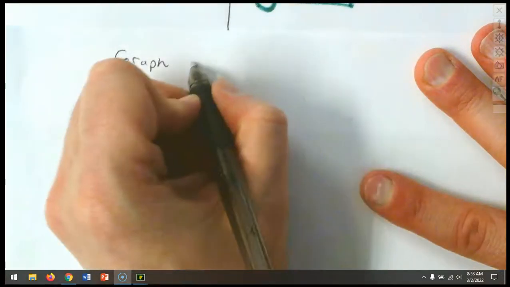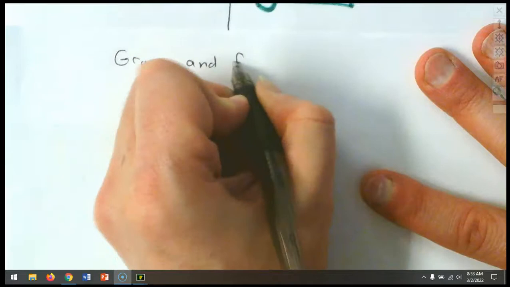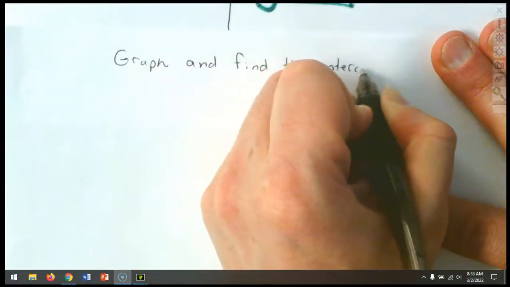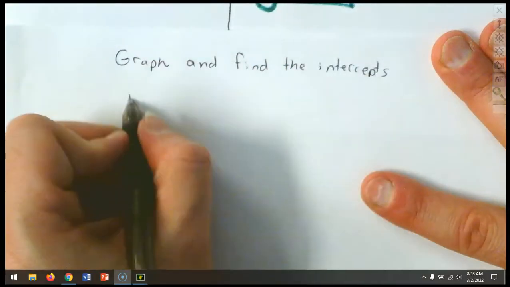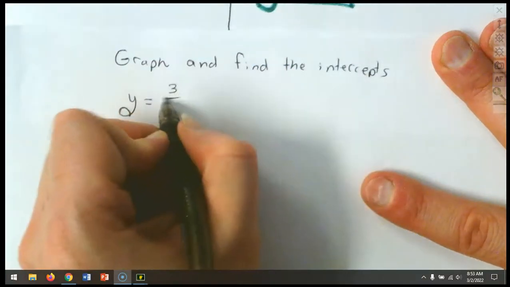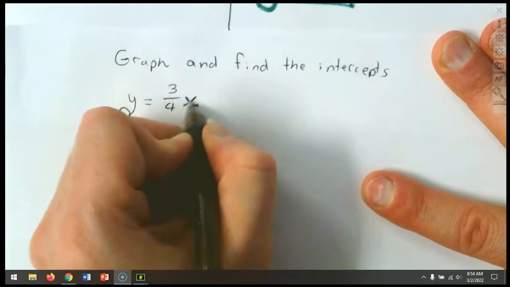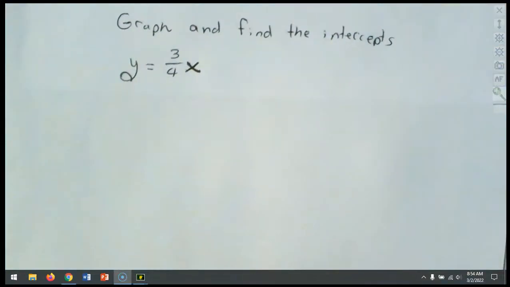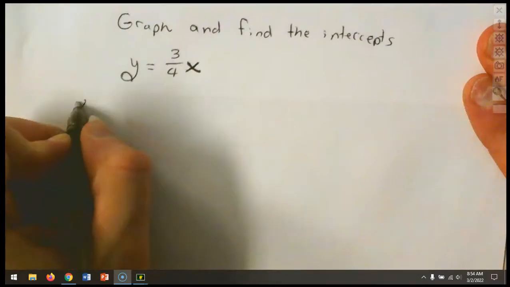So let's go ahead and graph and find the intercepts. We want to go ahead and graph this, and we want to find our intercepts. Well, if we want to find the intercepts, we need to come up with our intercept table and complete it. And that means we put the zeros in.